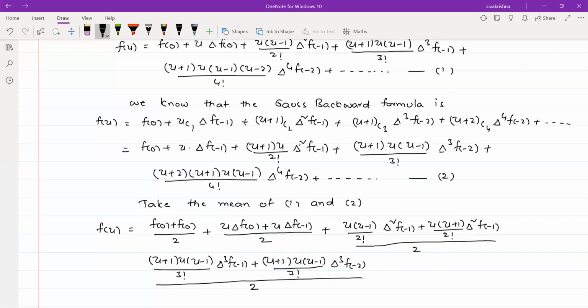Now coming to the last term, that is the fifth term in both equations.